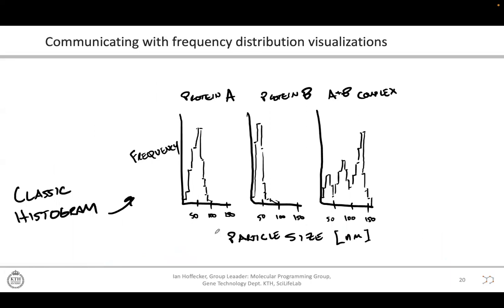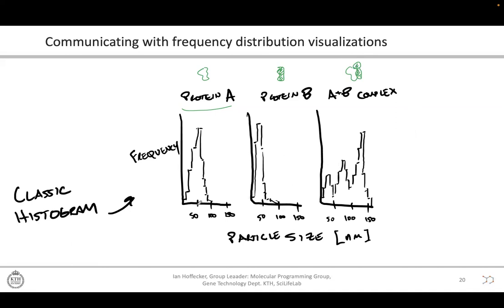So what histograms allow you to do is to communicate information about frequency distributions. One thing that is very common is needing to compare data sets. Here we have an example with two proteins, protein A and protein B, and we're interested in the distribution of protein A when it's complexed with protein B, so stuck together like this.